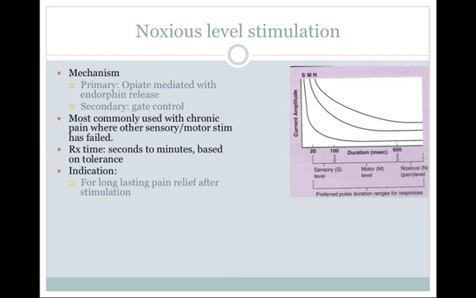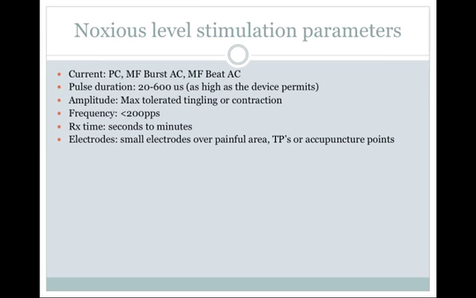And so dancers, violin players, people who tend to be overusers and having problems and having to continue with whatever their activity is in order to make their living. And so treatment time is fairly short, and as we put here, seconds to minutes, but usually it's only a few seconds long. And again, we get some long-lasting pain relief from that.